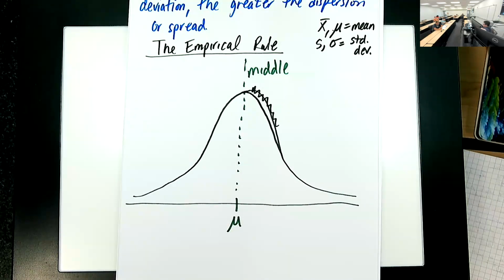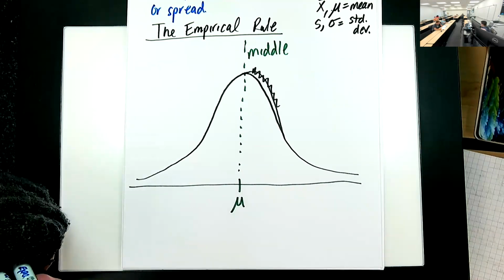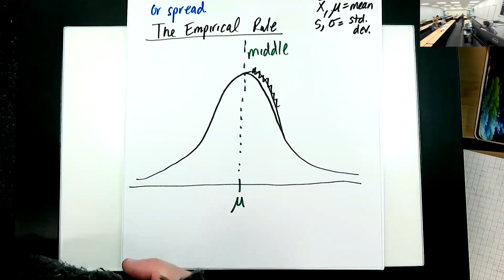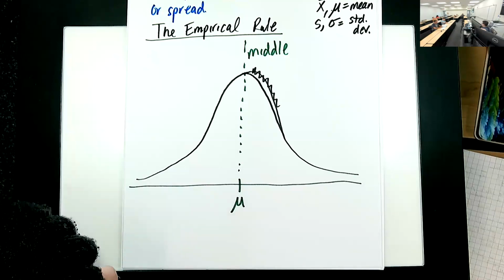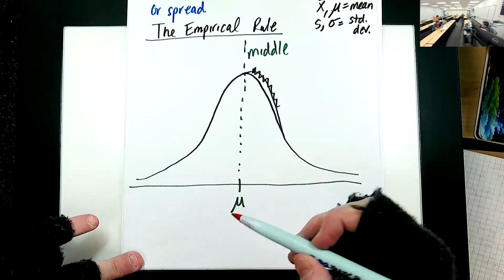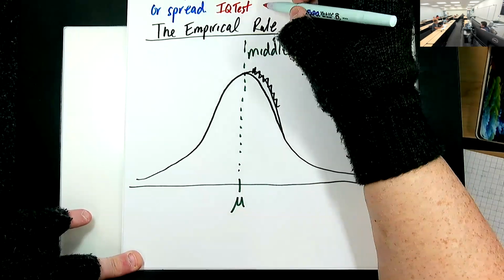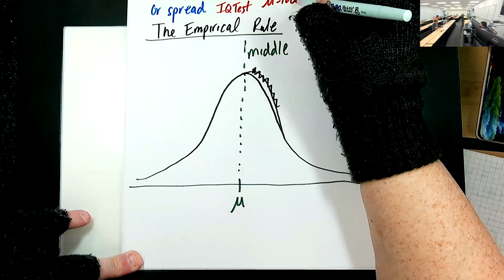And remember, this is like a value. So for our, I'm gonna use the IQ test example. For the IQ test, the mean is 100.